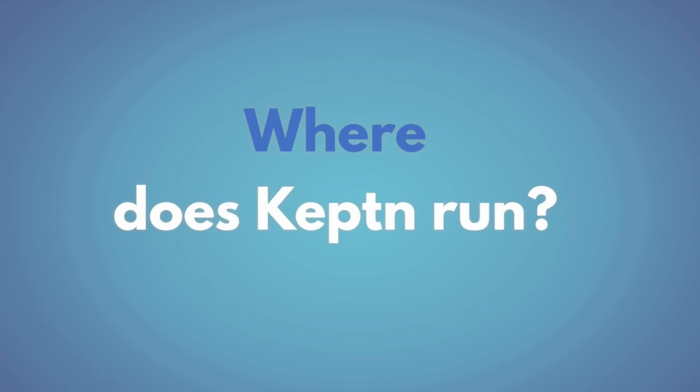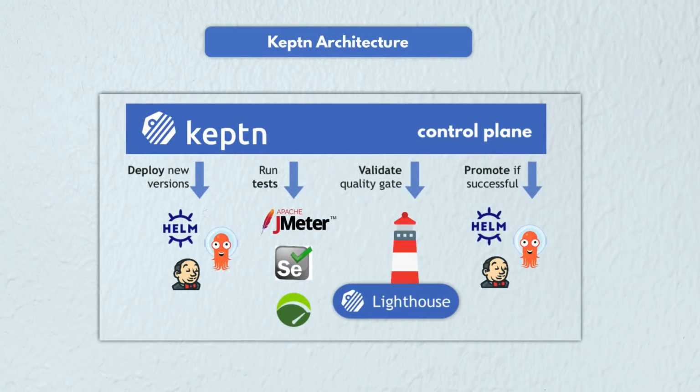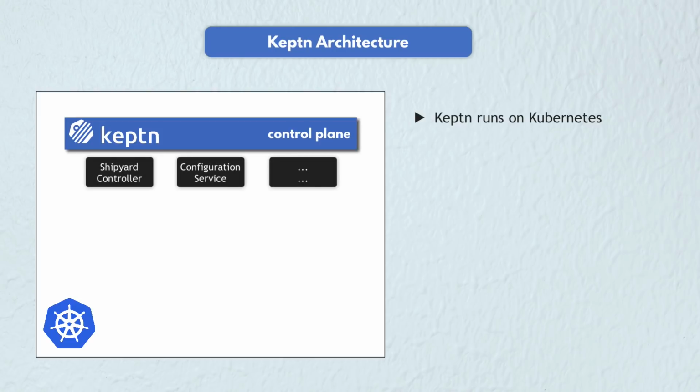Another interesting question regarding Keptn is, where does Keptn actually run? The control plane of Keptn, which basically orchestrates all these tools, triggers the events, etc., runs on Kubernetes. So you deploy it inside the Kubernetes cluster using a Helm chart or Keptn CLI that will again use the Helm chart in the background.